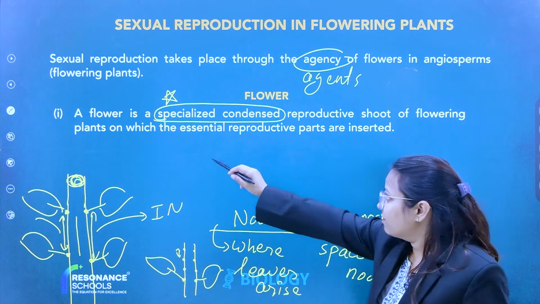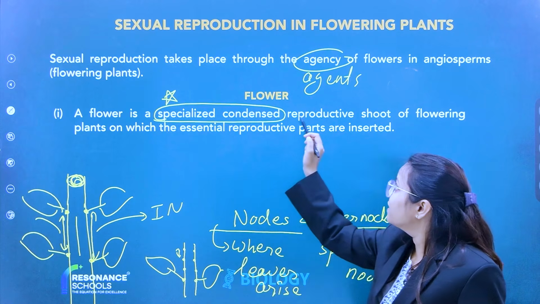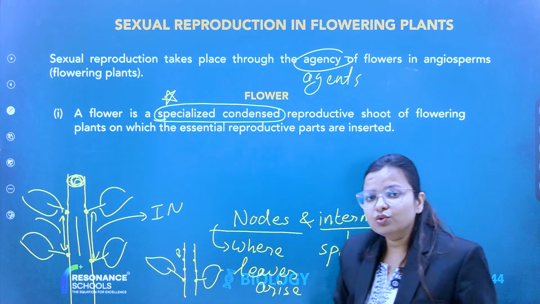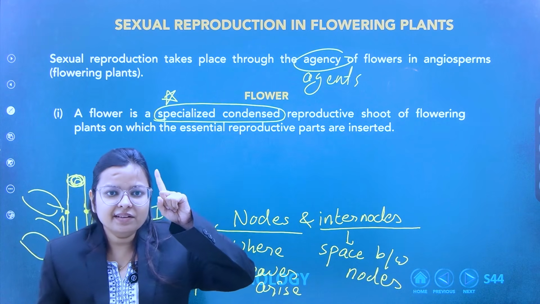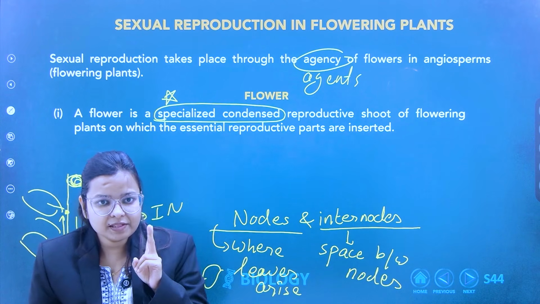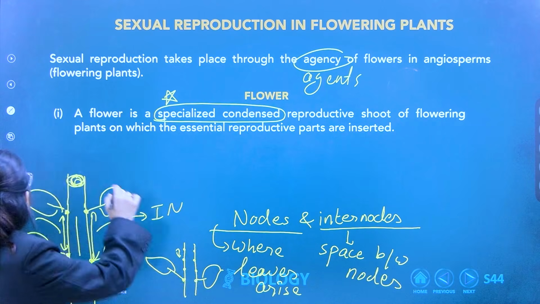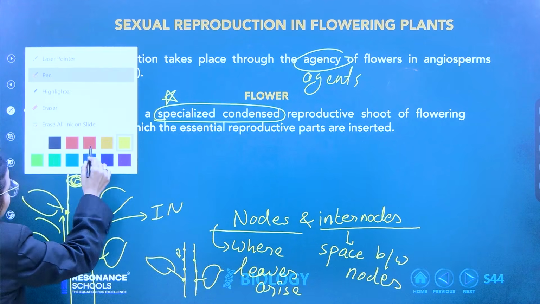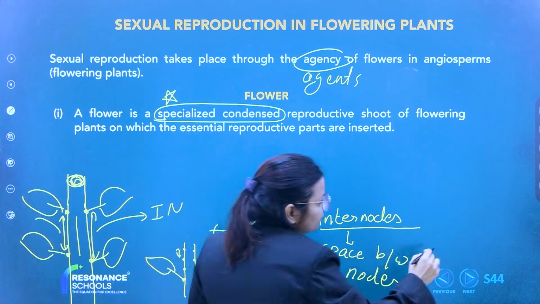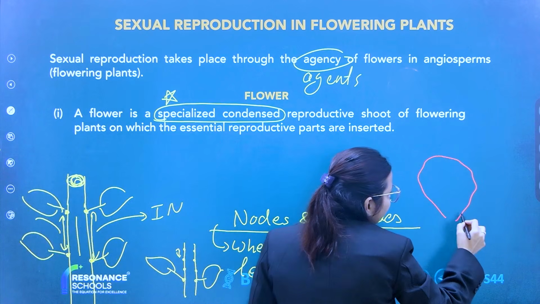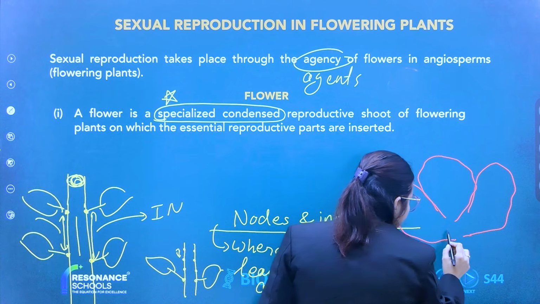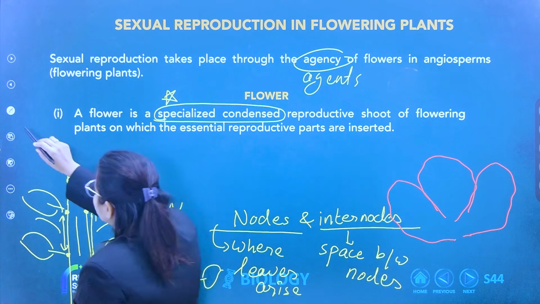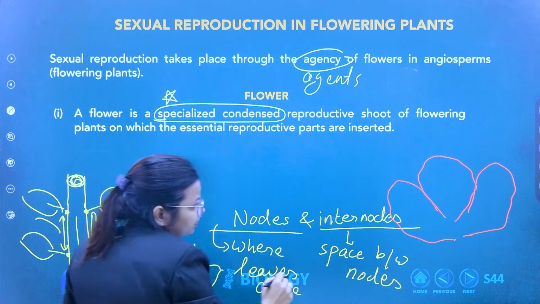So what is the definition of a flower again? It is a specialized condensed reproductive shoot, because a flower has four whorls. It has petals, it has sepals. You know sepals? If I draw a flower here, this is your flower. Now take the green part.